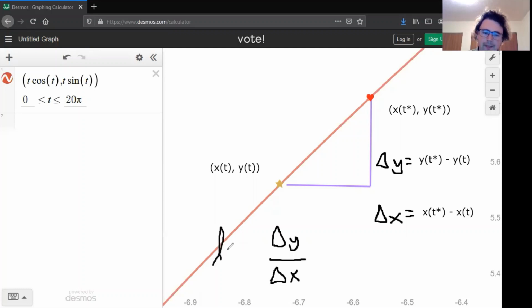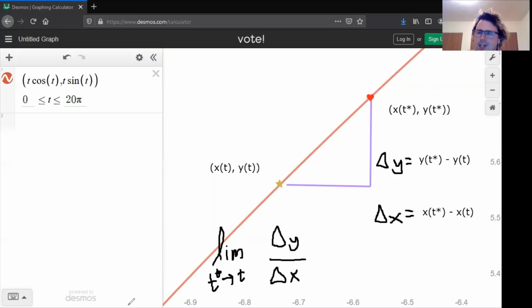So what else am I going to do? I will take the limit, and here I will take the limit as t star goes to t. That's a nice idea and all. And as long as I have a curve that is smooth enough here, this should all work.